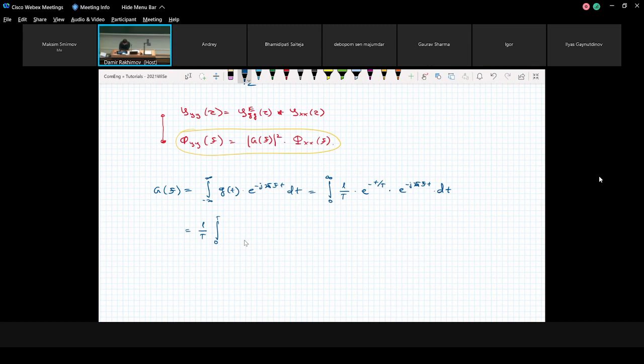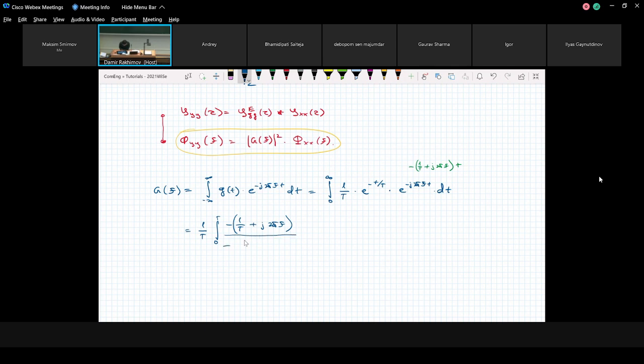We combine the exponents: minus t times one over T plus j 2 pi f. Now we can multiply and divide by this term. There are different ways to do this, but if we take the brute force way, we get minus 1 over the quantity minus 1 over T minus j 2 pi f.